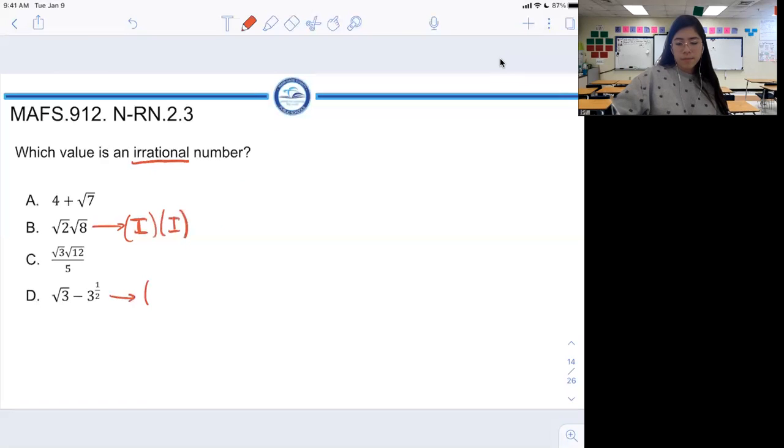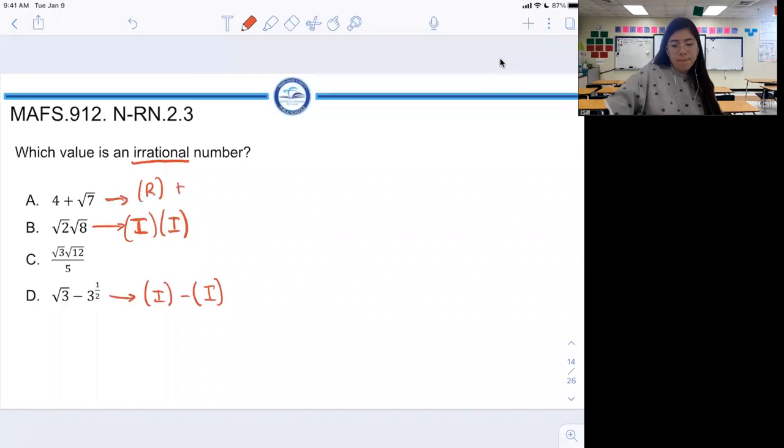In D, one of them is a fraction, so it's irrational minus irrational. So again, that could go either way. What about A? That 4 is rational, right? Yeah.